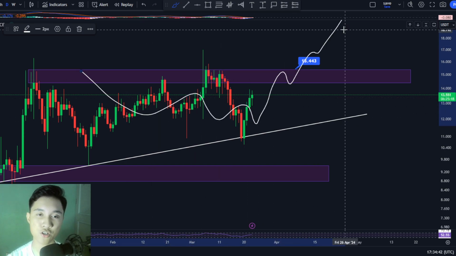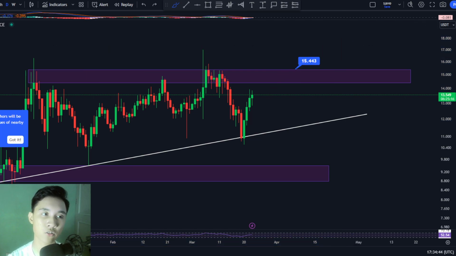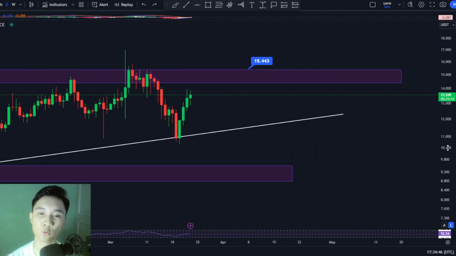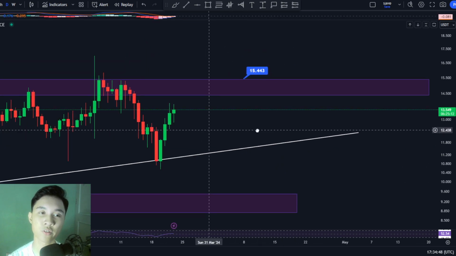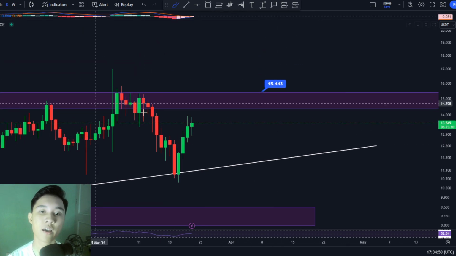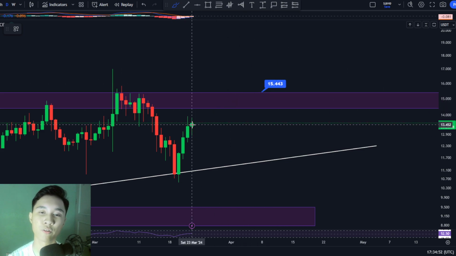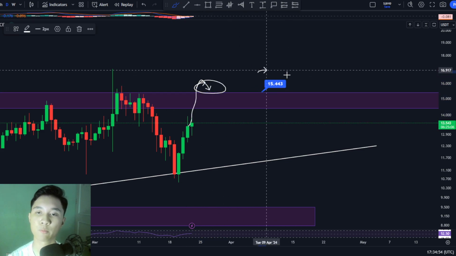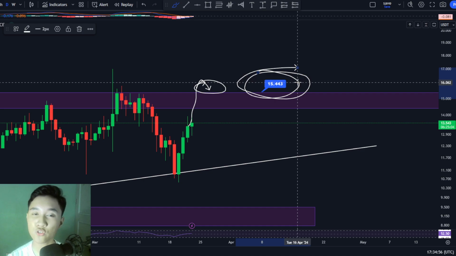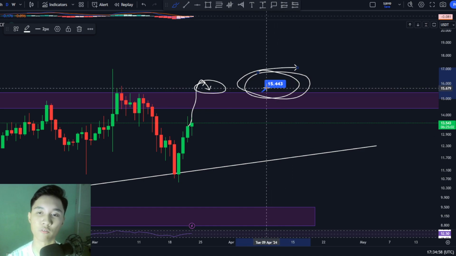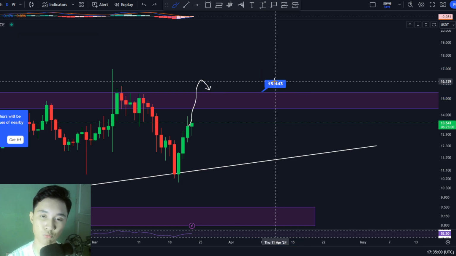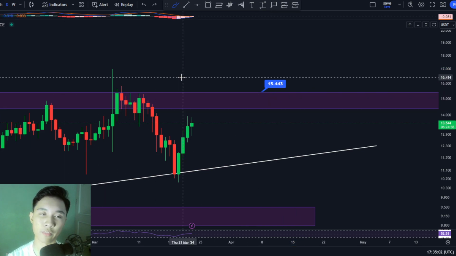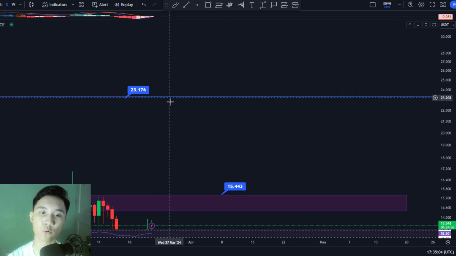So the confirmation I'm waiting for right now is in the next couple of days or weeks. It would be very, very important to see Internet Computer ICP have a successful break above $15.4 and flip that to support. Because once we break above $15.4 and flip that to support, then the next target is located at $23.